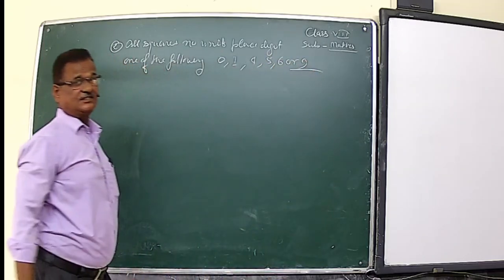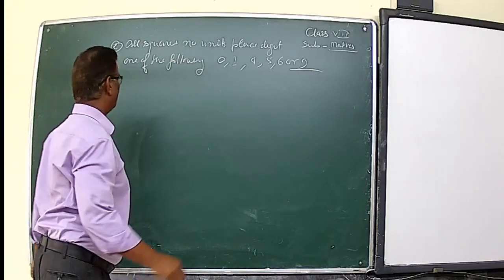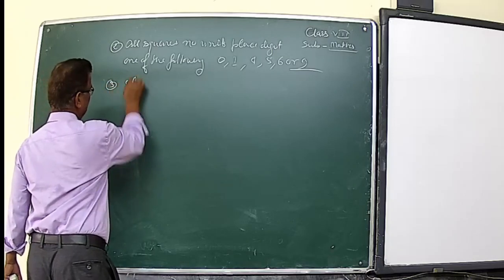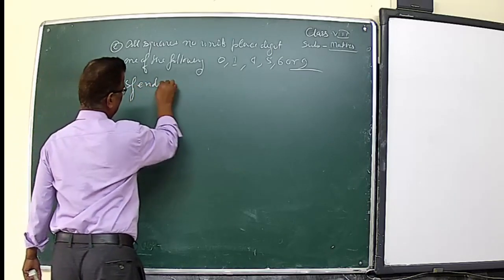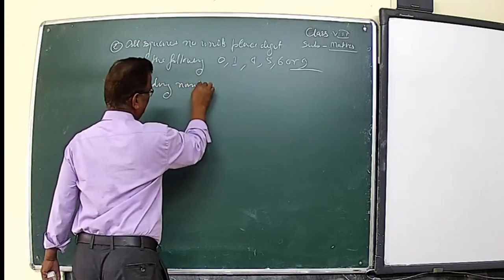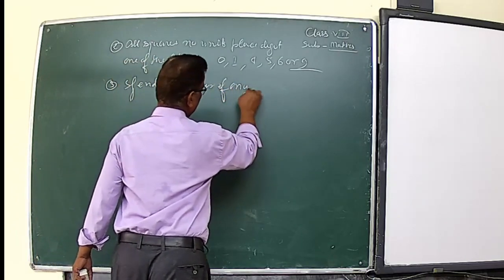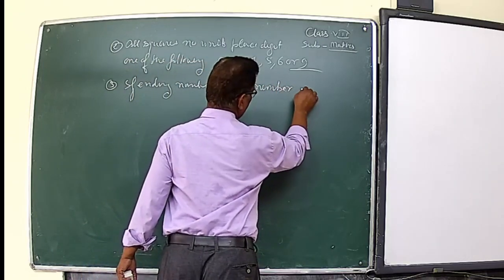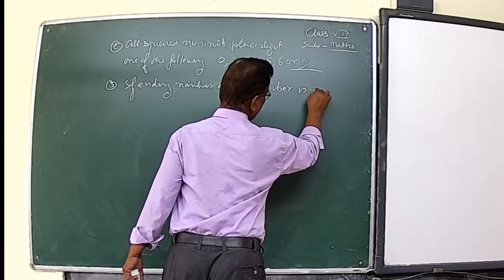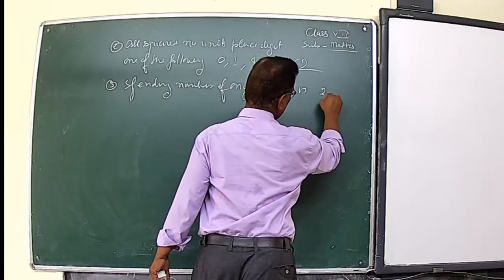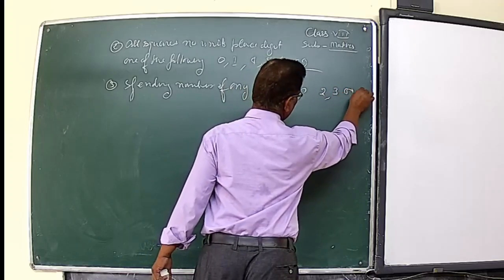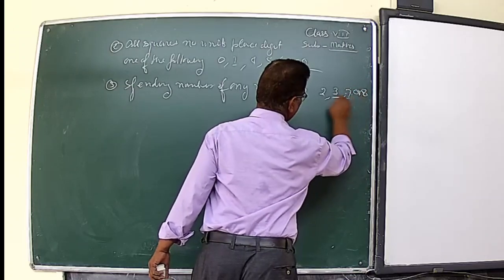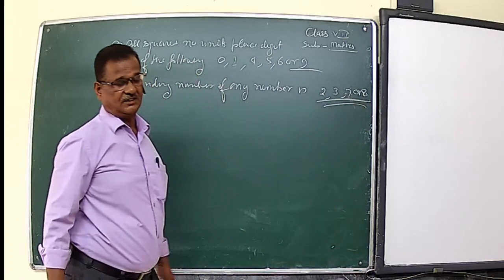This is the unit place digit of the square number. If the ending digit of any number is 2, 3, 7 or 8, that number is never a perfect square.